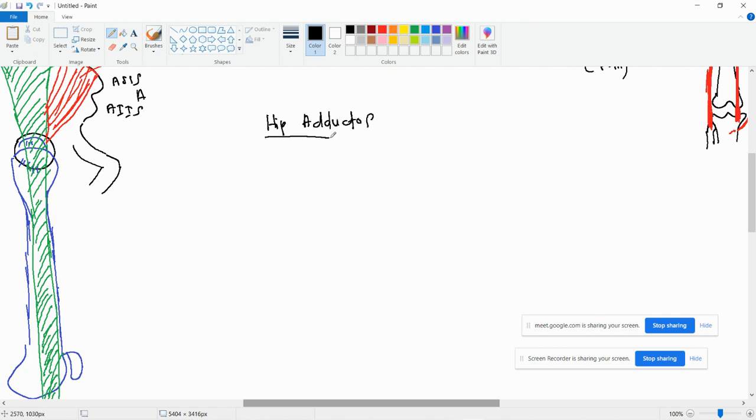All right. So again, the hip adductors we can basically call the groin muscles, and they also form the middle compartment of the thigh. Okay, middle compartment of the thigh. Generally, when we talk about the hip adductor class, right?